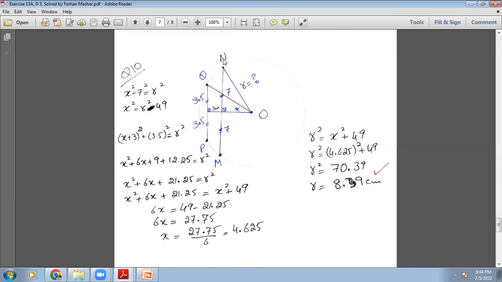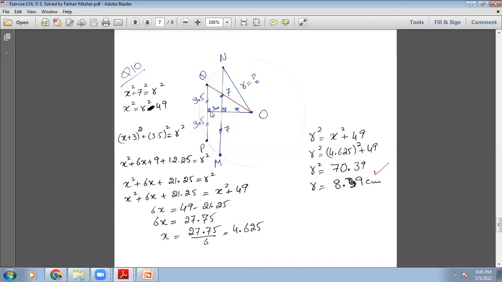So this is X, this is 7, this is R, so apply the Pythagoras. X square plus 7 square equals R square. So X square will be equal to R square minus 49. So here we have 2 variables. We don't know the value of X, and we don't know the value of the radius. The main question is, what is the value of the radius? So this is one equation. We have 2 variables, so we will make 2 equations and then solve them simultaneously.